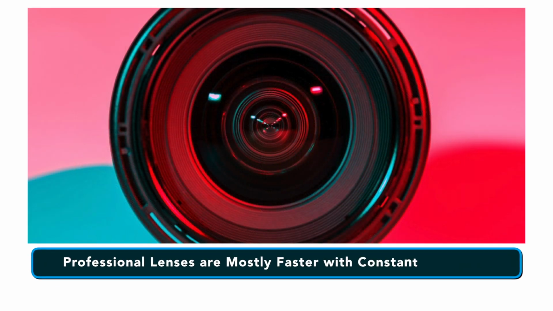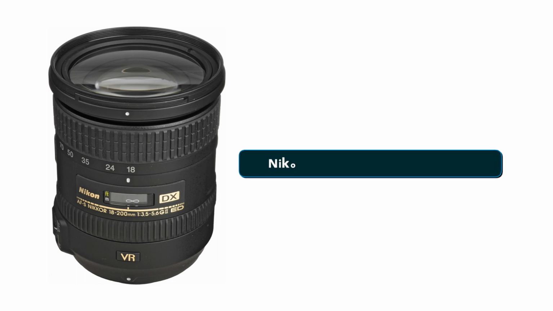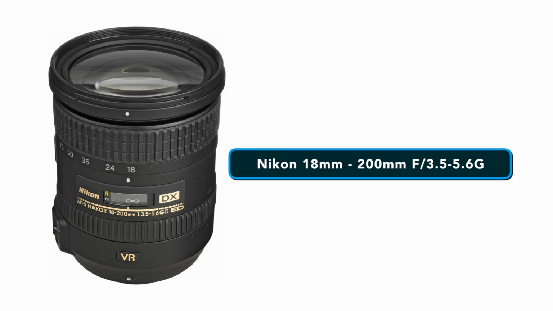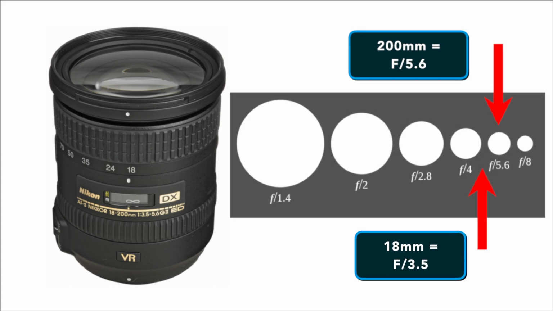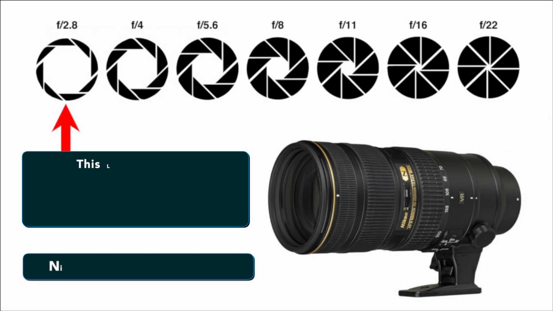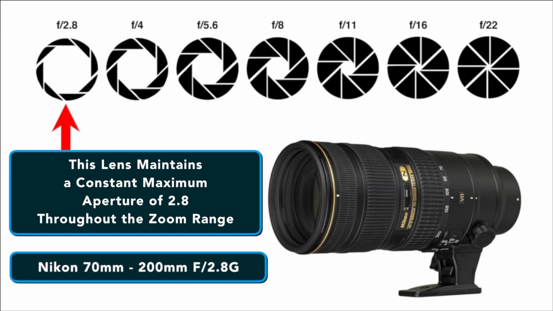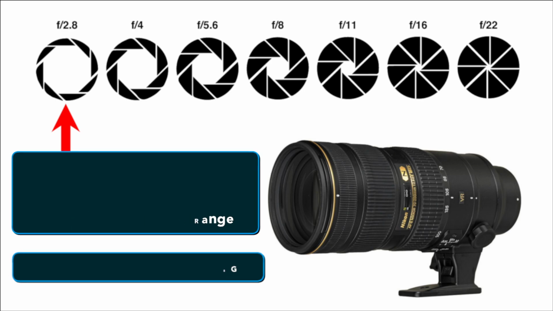In contrast, professional lenses are mostly faster, constant aperture lenses. The differences are often quite big. For example, the Nikon 18-200mm f/3.5-5.6 G variable aperture super zoom lens at 200mm is an f/5.6 lens because the aperture varies, while the Nikon 70-200mm f/2.8 G lens stays at 2.8 no matter what the focal length is that you choose.